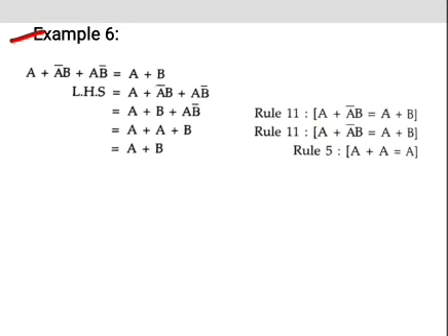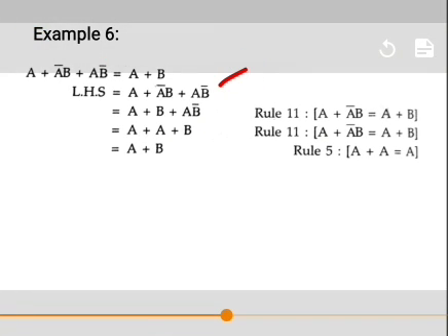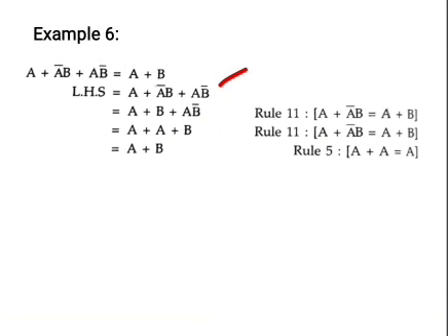Next example, show that A plus A complement B plus A B complement equals A plus B. You know the LHS equals A plus A complement B plus A B complement.